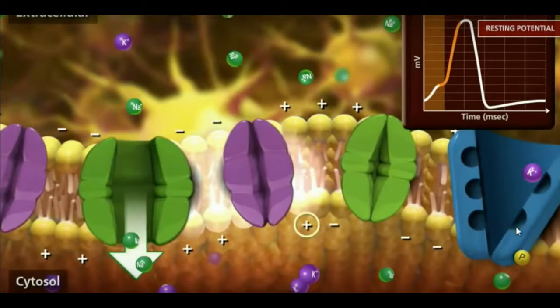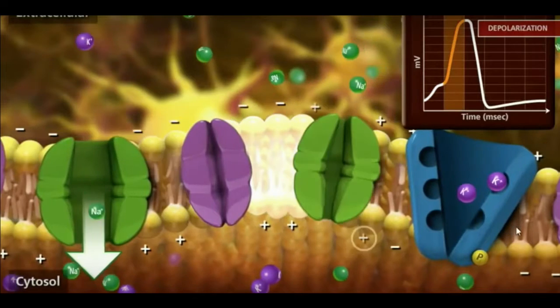Notice when sodium comes in, we're going to go up in voltage on this graph, up to this peak up here, which is usually, depending on the cell, about positive 30 or positive 40 millivolts. So we had a very massive change in membrane potential. Down here it's about negative 70, and we go up to approximately positive 30 or positive 40.